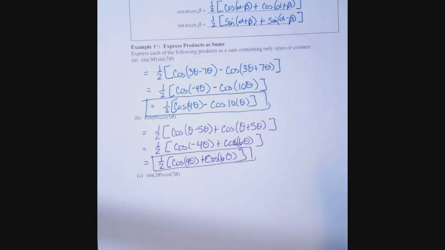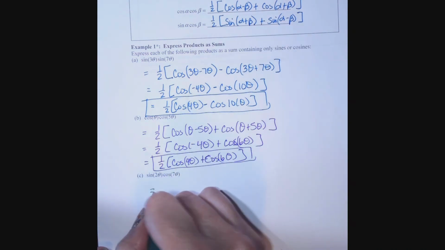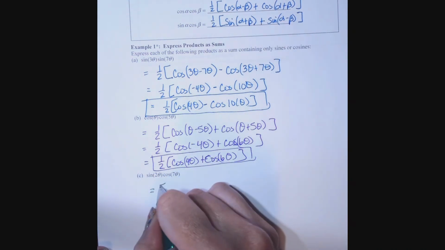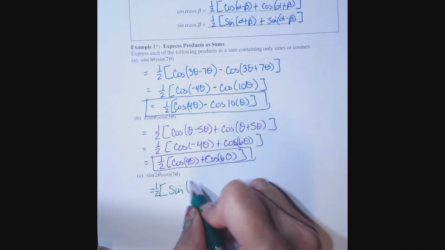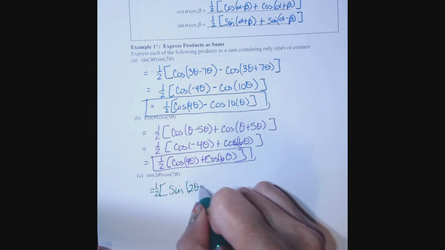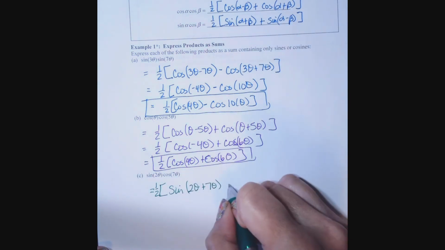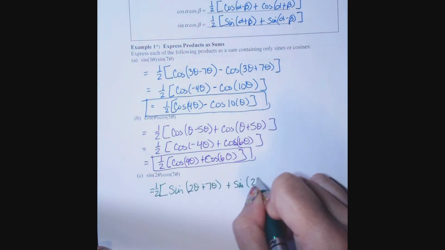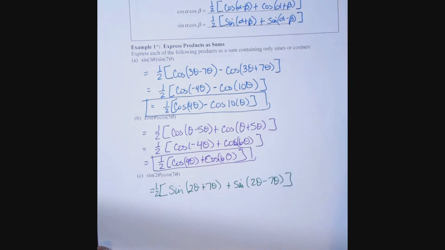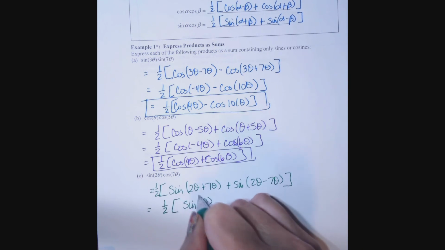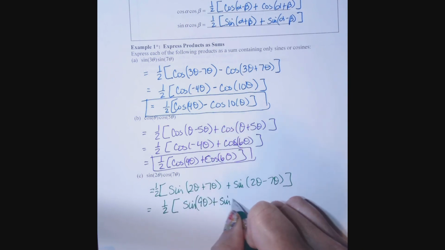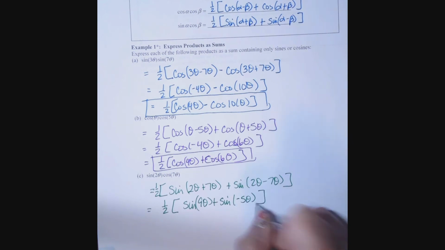Our last one on this page, sine alpha times cosine beta, is that third product to sum identity that I was introduced to at the top. I have sine of the sum plus sine of the difference. So that gives me 1/2 of sine of 9 theta plus sine of negative 5 theta.